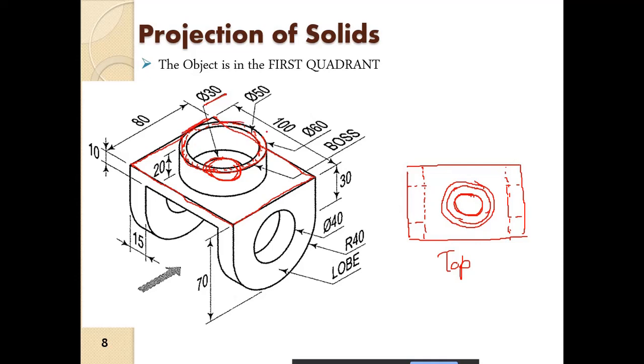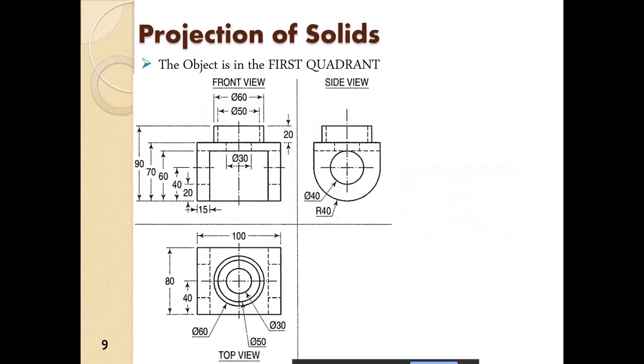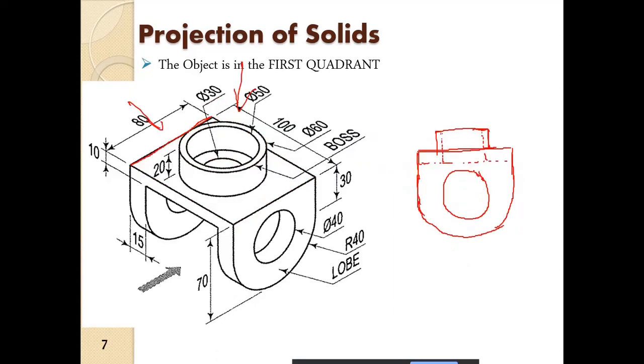Okay, so this is 60 units diameter. So that is the top view. And the front view also, yeah, that part I missed. So this 30 units opening I missed. So other things I have already accounted for. Okay, so here the dotted line will be here, not here.